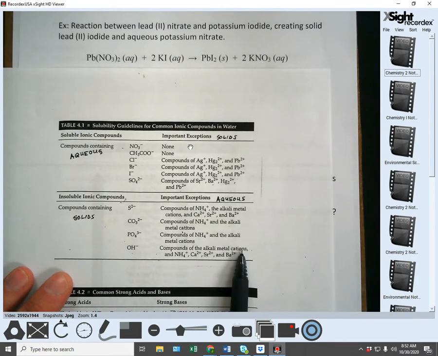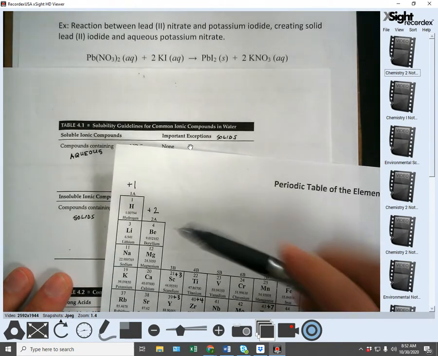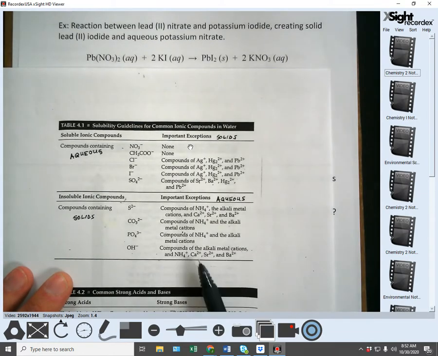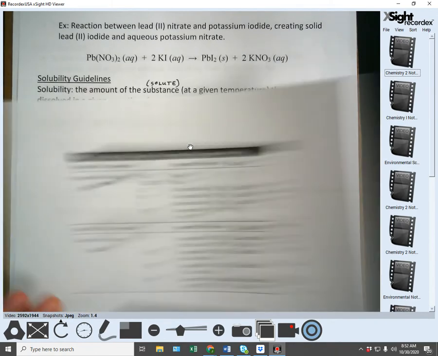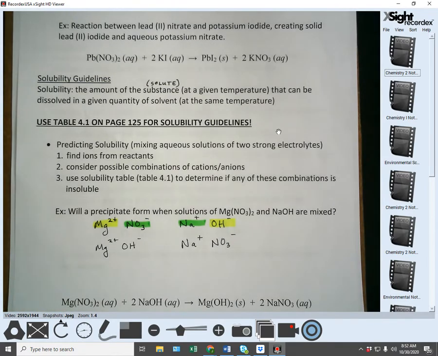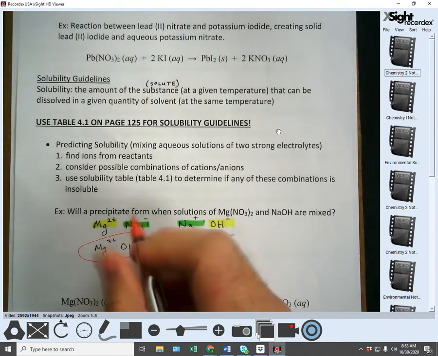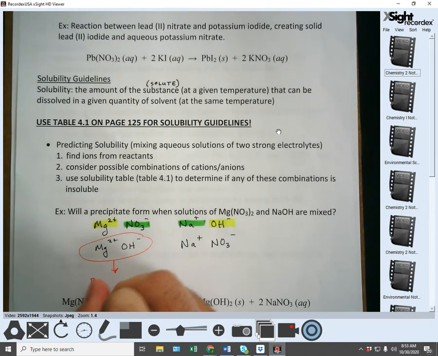Compounds of the alkali metal cations? No, it's not one of those, because magnesium is here in 2A. NH4+, Ca2+, Sr2+, Ba2+. Okay, no. So magnesium is not an exception. That means this combination is going to produce a precipitate.